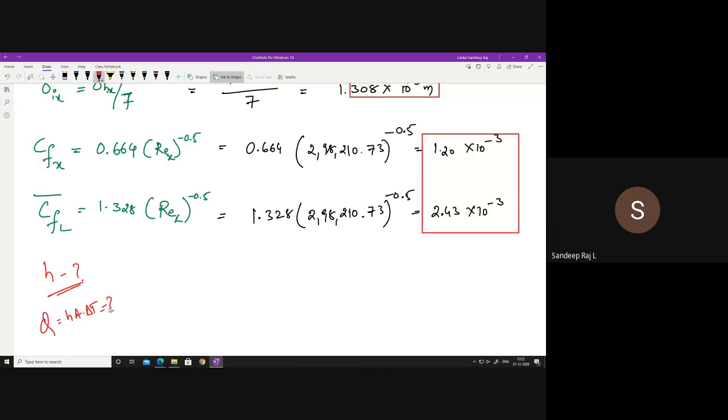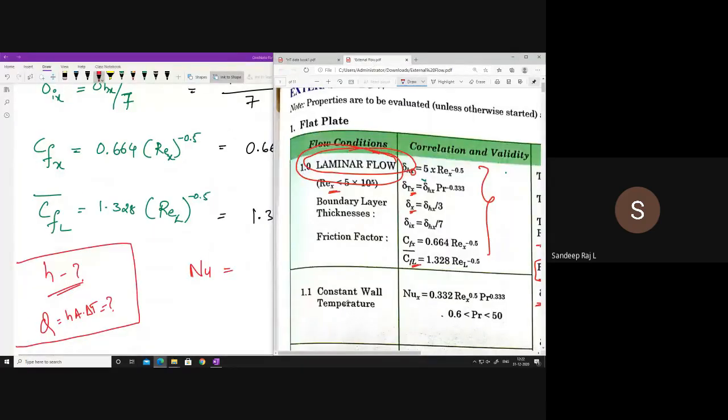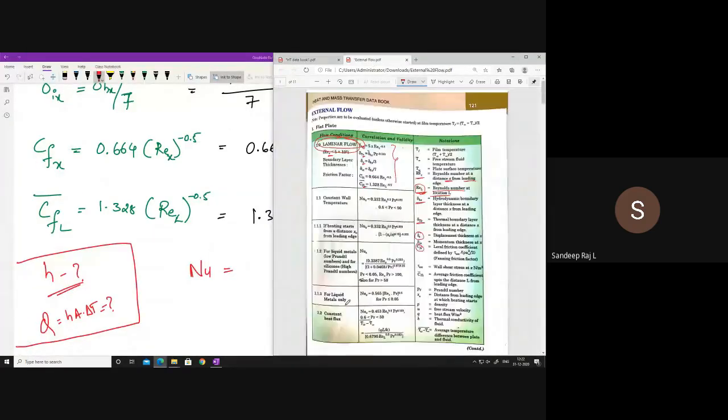So these are the things you need to get. So how to get these things? Okay, for getting these things you need Nu formula. You have to choose an appropriate Nu formula from the data book. So go to the data book, refer to the page number 120 in the external flow case.